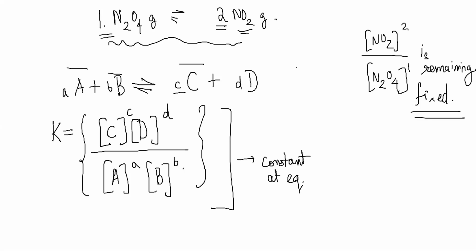So here he's saying that the units are generally not specified in the Kc, because concentrations are considered to be concentration ratios in which molarity of each substance is divided by its molarity in the standard state.